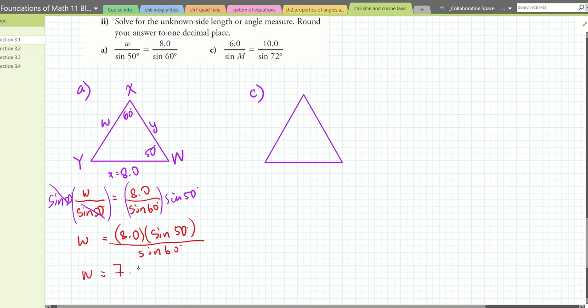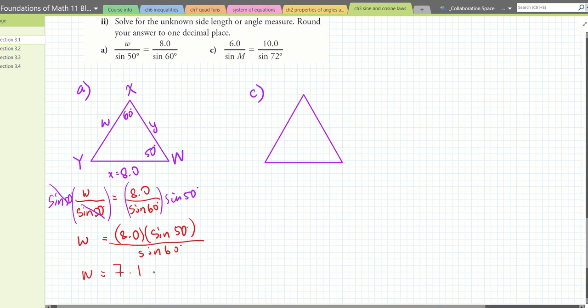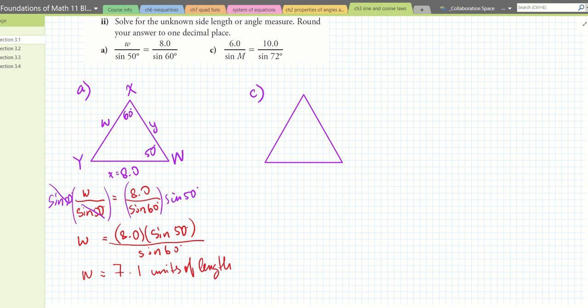So remember your rounding rules whenever you have to round something. So this is a missing side. There's no units given, so we don't know what this is, but this is units of length. So whatever that is, meters, centimeters, inches. So that's part A.